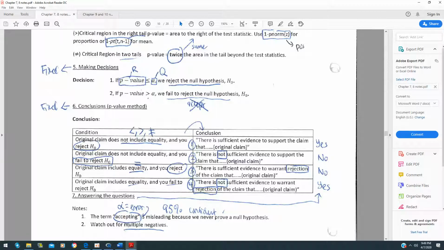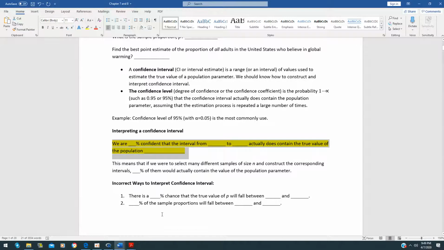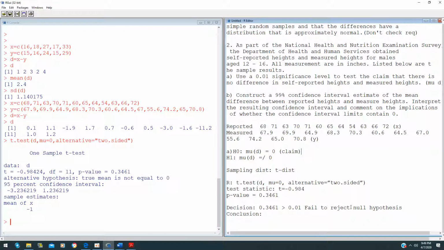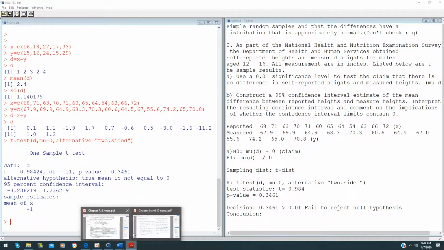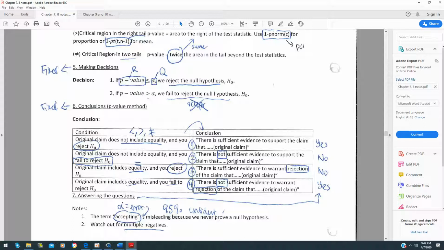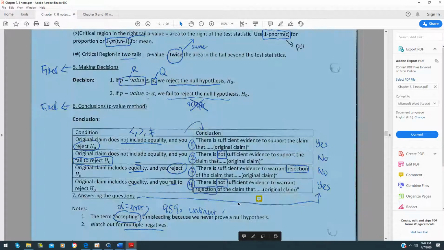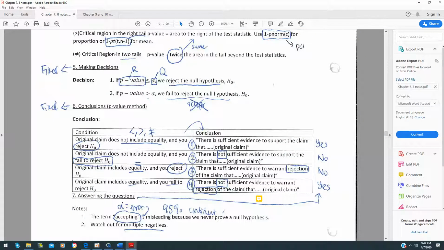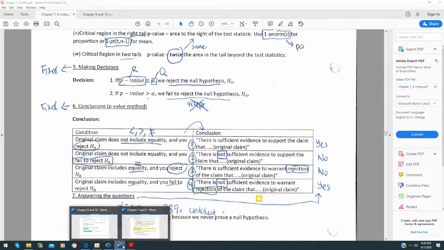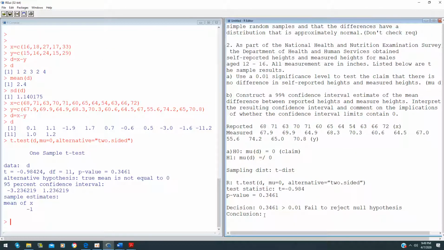And look at your decision. Since my decision says that we fail to reject, and it does include equality, your conclusion is number 4, which is there is not sufficient evidence to warrant rejection. So this is how you make your conclusion here.